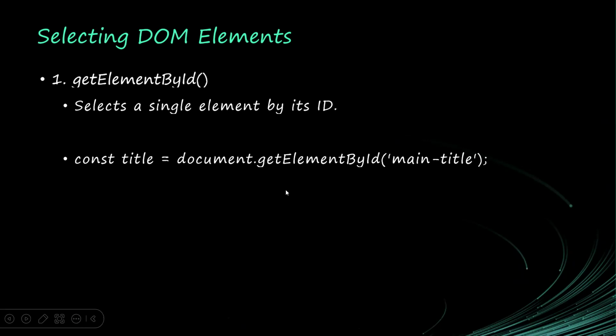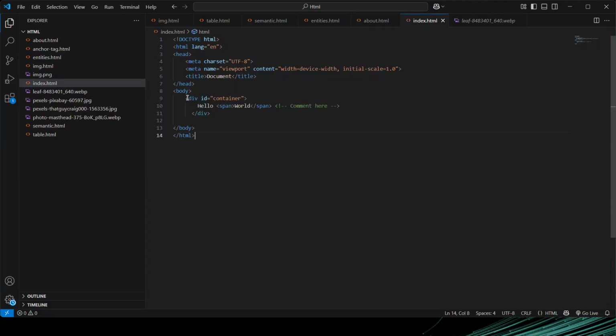Now let's take a look at this. If you look at this code here, this div has an ID. If I want to get this div, all I have to do is call document.getElementById on it. We can actually write some scripts here.